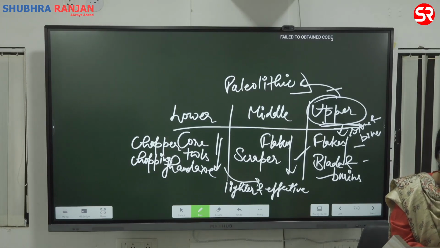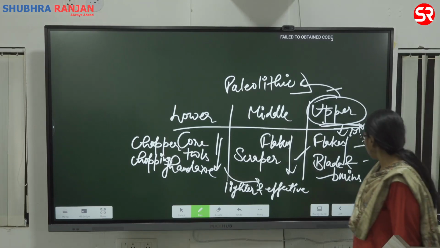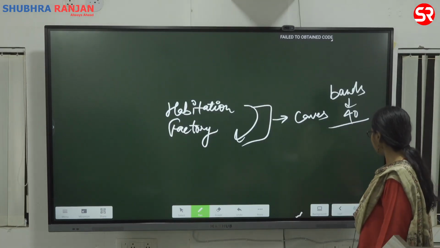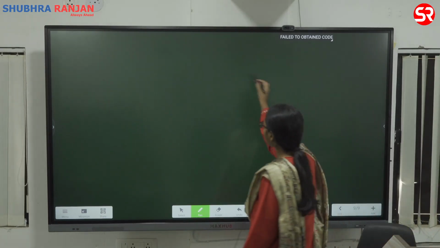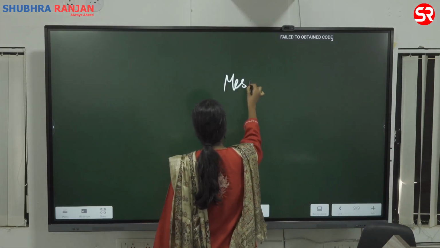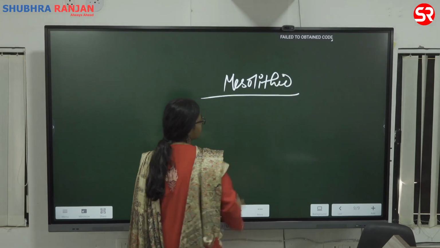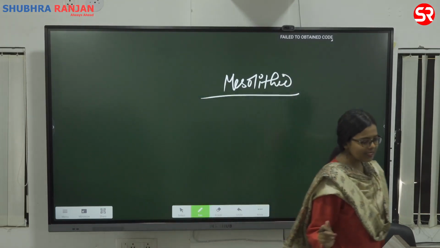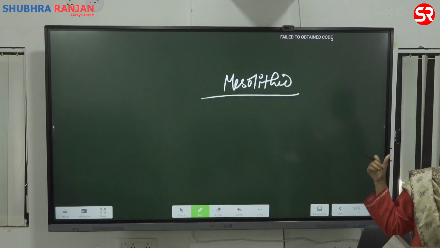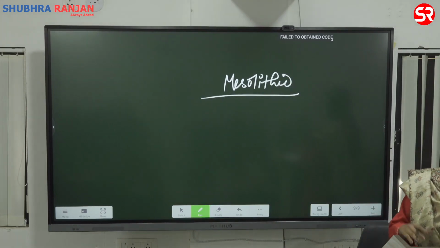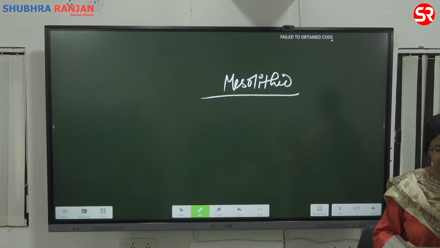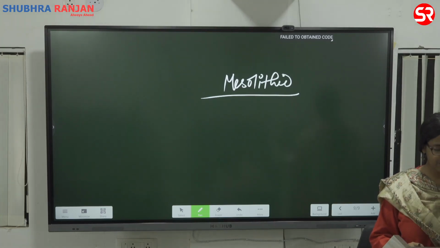Everything is clear. Okay. So the second stage of development is Mesolithic. What is the key terminology here? This is the Middle Paleolithic age and this is a period of transition. Okay, period of transition.